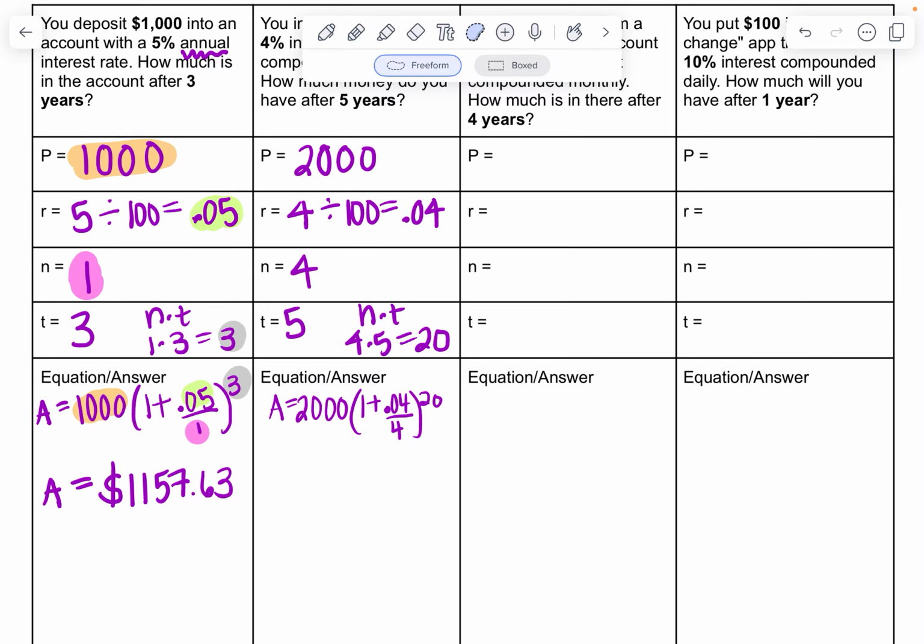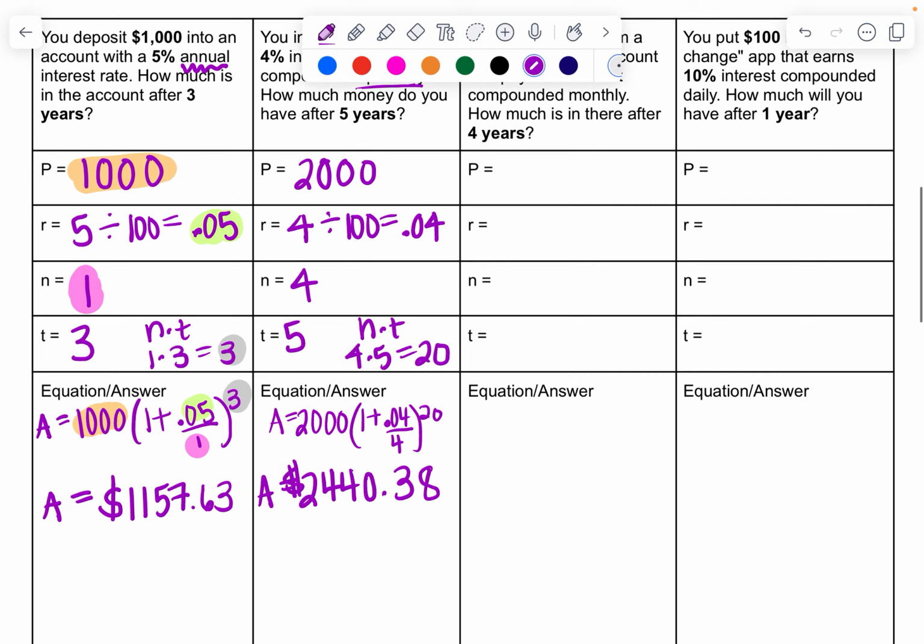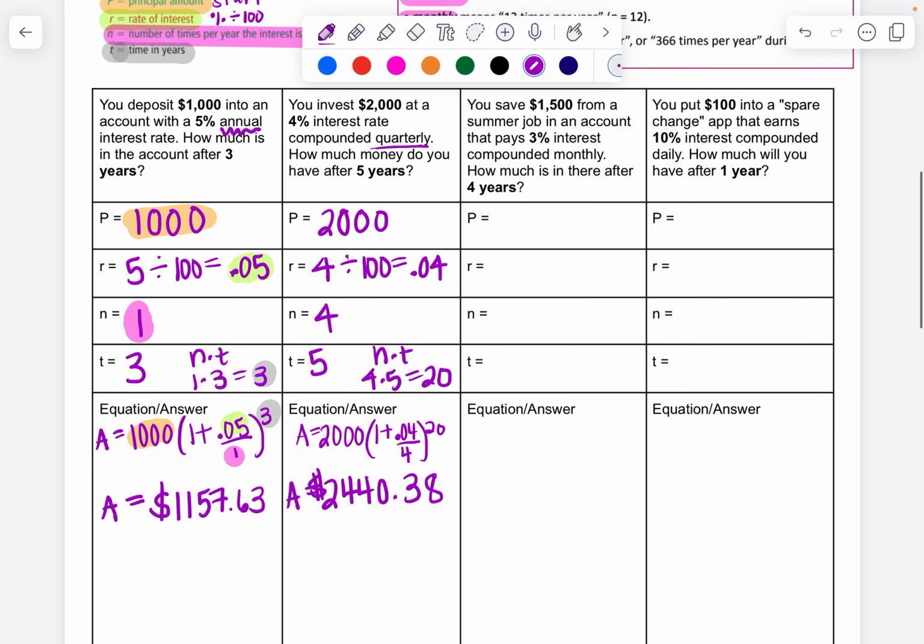And if you put that in your calculator, we would get that after 5 years, you would have $2,440.38. So again, after doing nothing for 5 years, just letting the money sit there, you would go from $2,000 to $2,440.38. So you would make $440.38 for doing nothing.